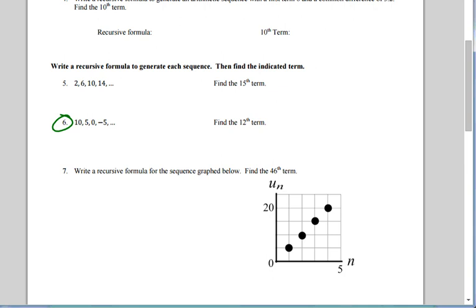Let's go with Mr. W. What's the rule there? And then it is what? Okay. And then what else do we need in this? U of 1 is equal to 10. Yep. Perfect. That's it.